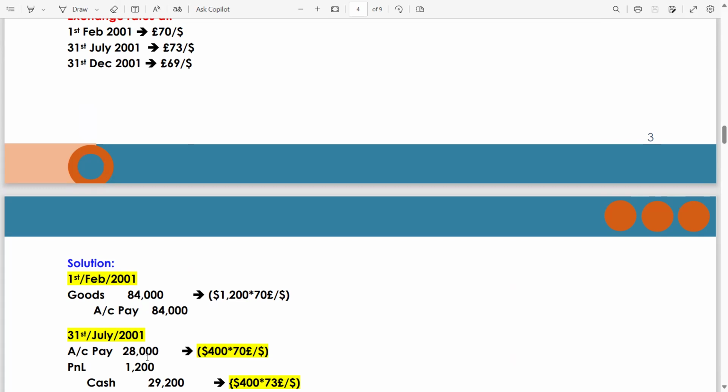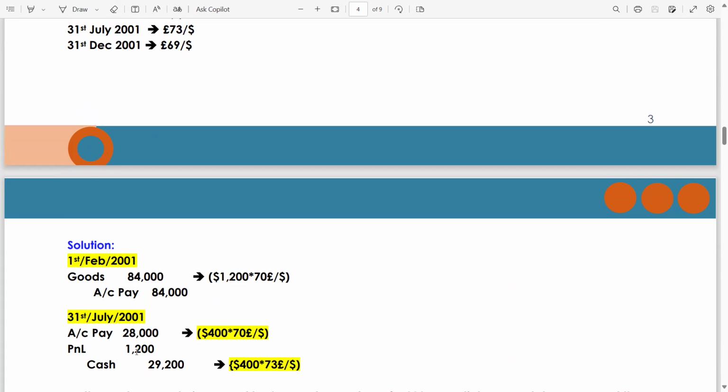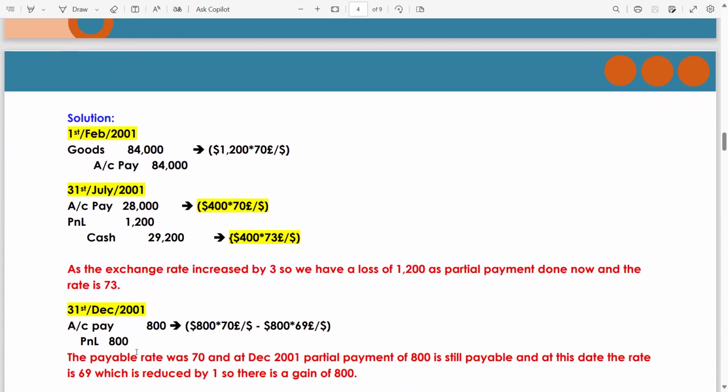But accounts payable is 400 multiplied by 70, the rate at the date when this transaction happened, which is 28,000. The difference is 1200. As the exchange rate increased by 3, we have a loss of 1200, as the partial payment is done now and the rate is 73.